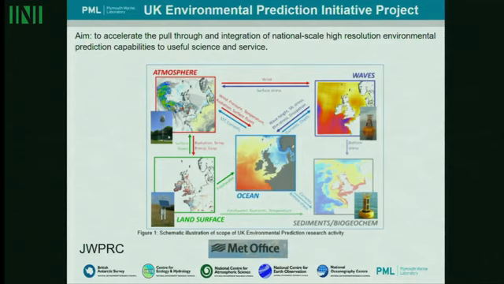So you're talking about a coastal ocean model, a shelf seas model at a scale of about 1 kilometre, with sediments and biogeochemical modelling. We're also looking at wave modelling, coupled to high resolution atmospheric modelling, so it's being driven by the weather forecasts, and a land surface model. This is work that's in progress, and I think it's particularly pertinent to the kind of things we might be thinking about here.